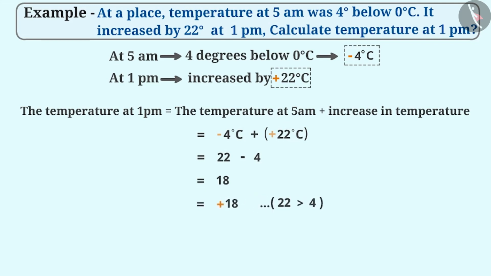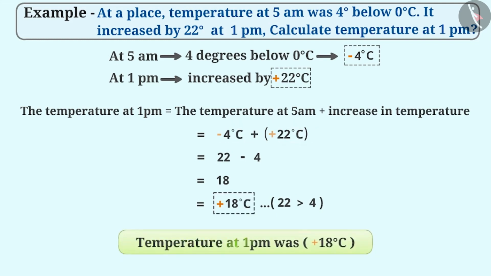This means the positive sign of 22. Therefore, the result of addition of minus 4 degrees centigrade and plus 22 degrees centigrade is plus 18 degrees centigrade. Thus, the temperature at 1 p.m. was plus 18 degrees centigrade.